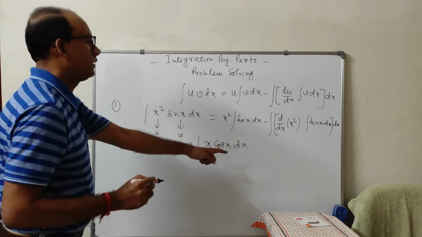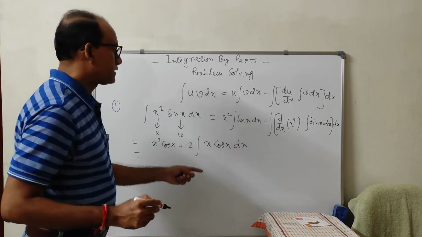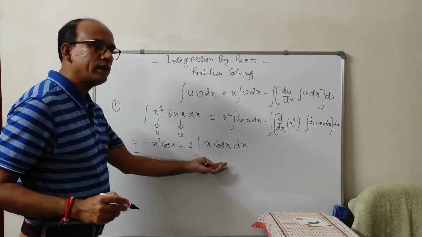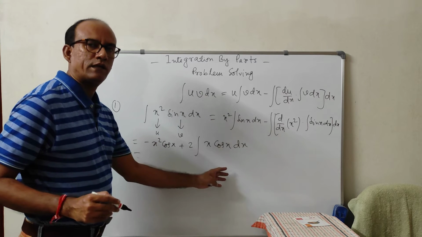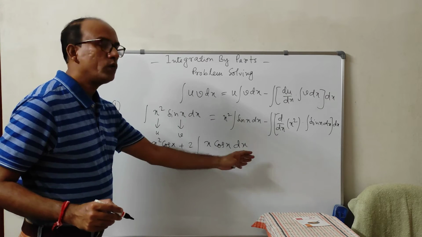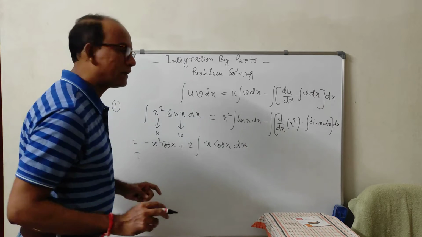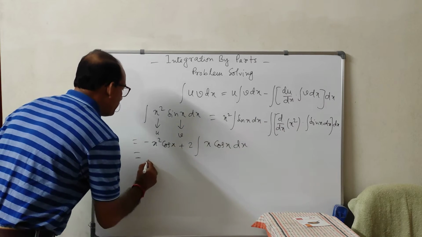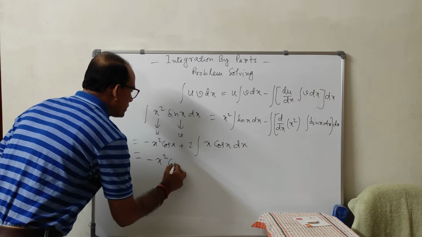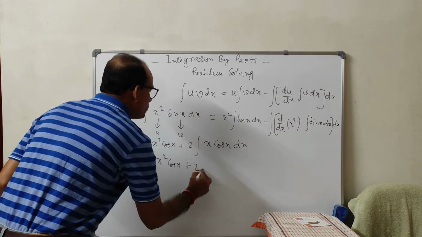At last you put the constant of integration. Until all the integrations are over, don't put any constant of integration. Minus x square cos x plus 2.